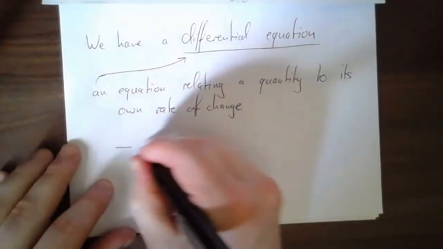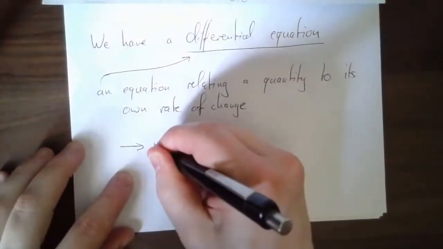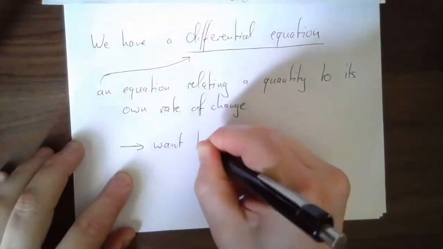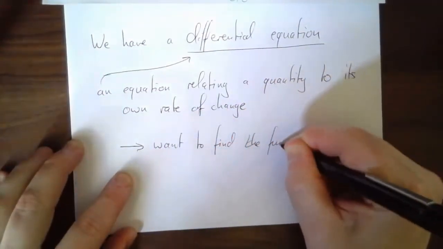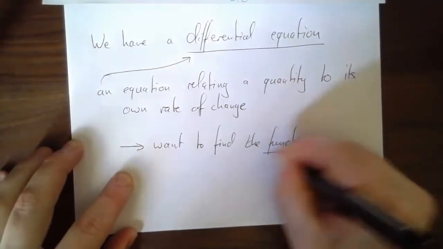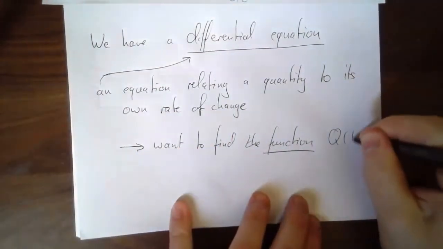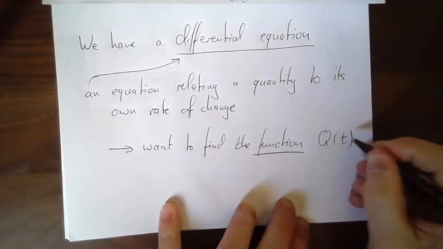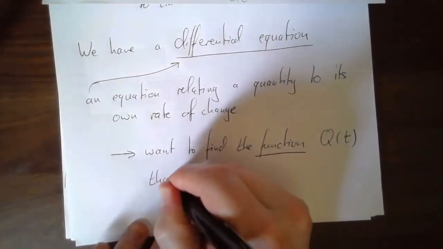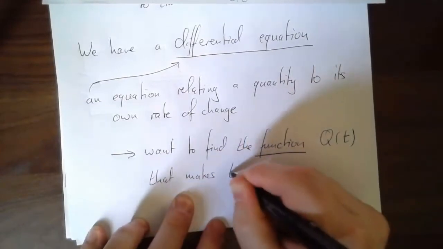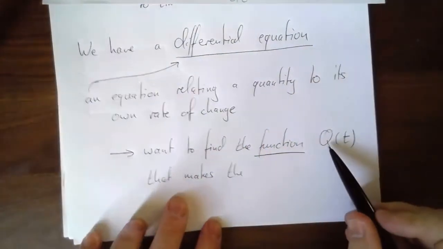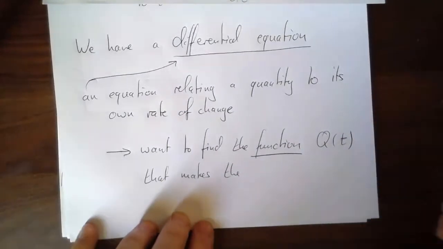We want to find the function Q of t that makes the equation true for all times, because that'll tell us what the charge is as a function of time.